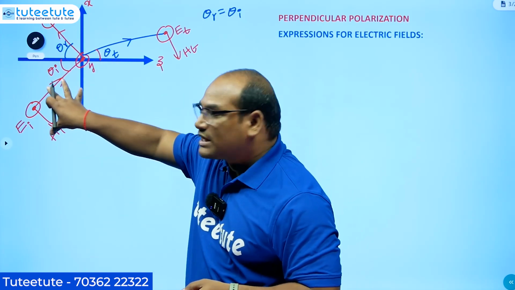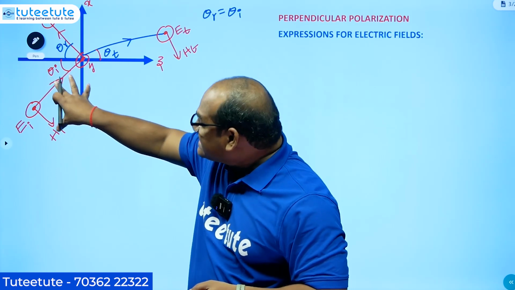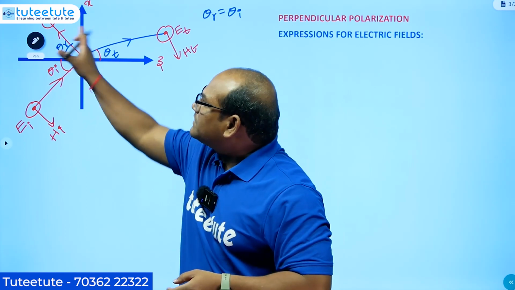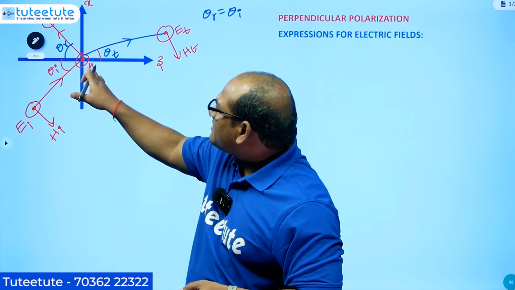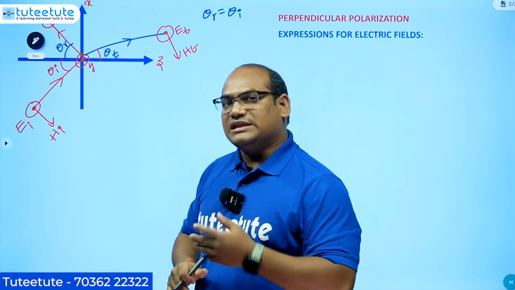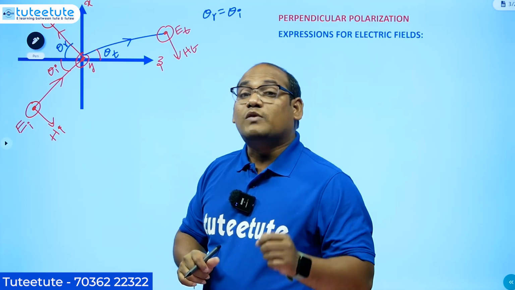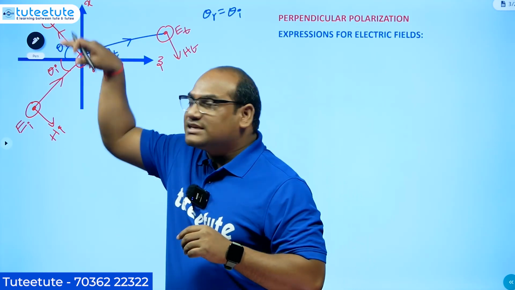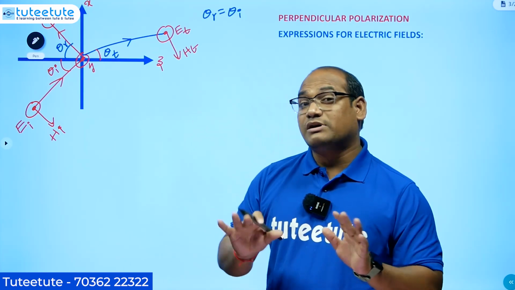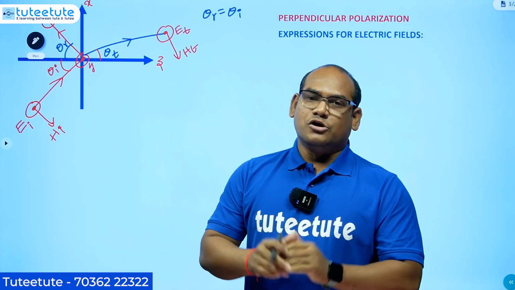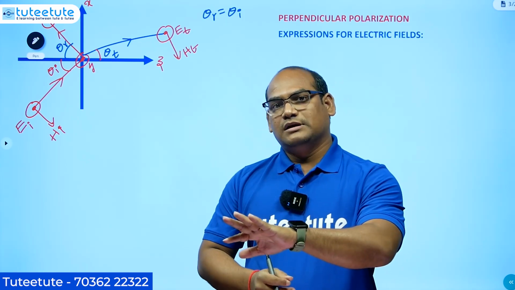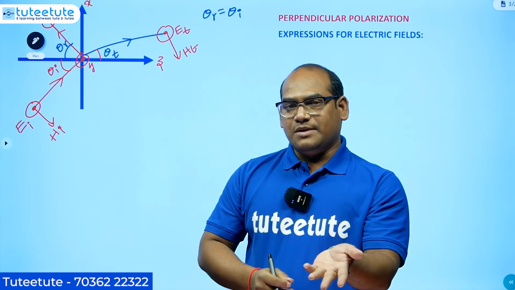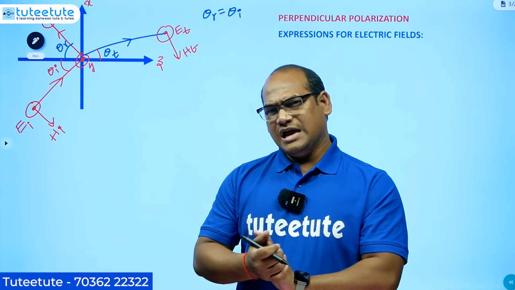Out of the total power incident here, something is reflected back into the same medium, and the remaining is transmitted into the other medium. Now we need to find how much is reflected and how much is transmitted. In the remaining lecture, we will see how much power is reflected back into the same medium and how much is transmitted into medium 2.